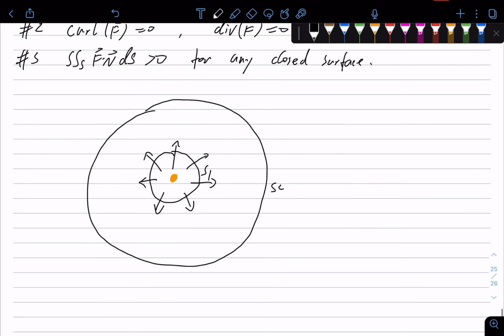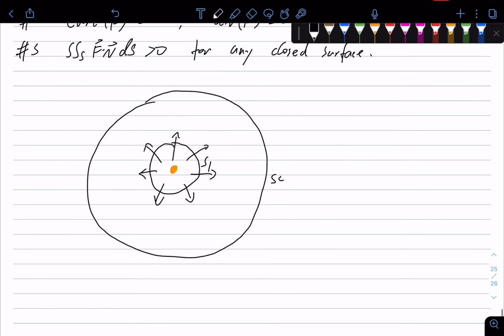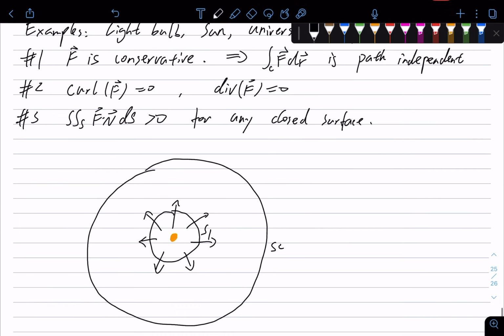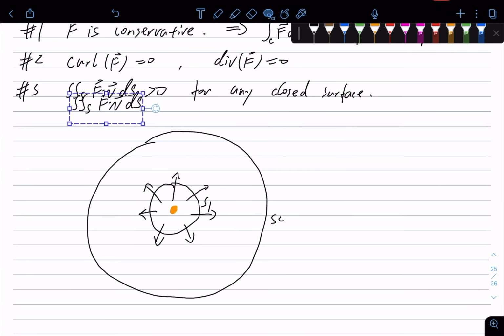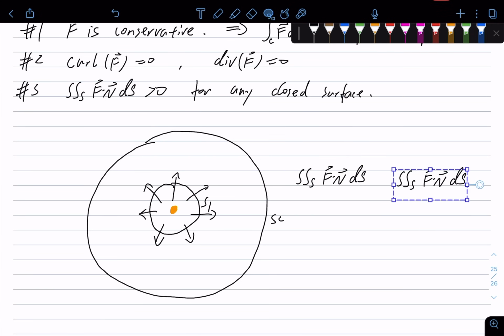But what do you think the value of the surface integral here is compared to this one? The values of these two surface integrals, S1 and S2, will equal each other. Okay, hold on a second. Why is this the case?